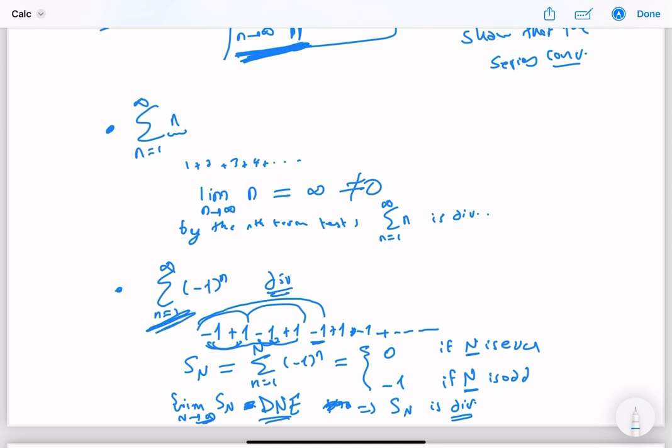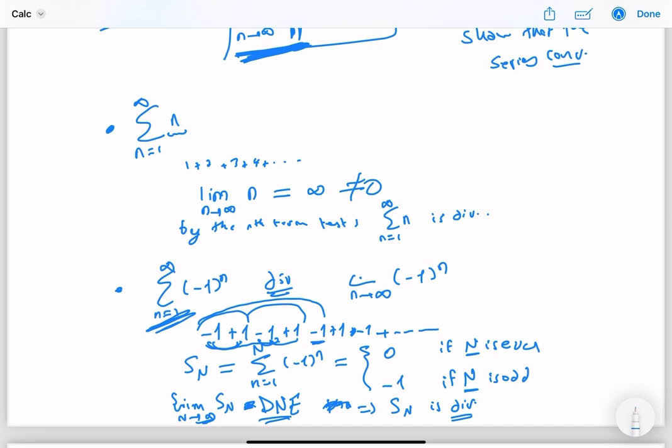So why is this series divergent by the nth term test? Well, minus 1 to the n is the summand. If it doesn't go to 0, then the series cannot be convergent by the nth term test. So if you look at the limit of this as n tends to infinity, for sure this cannot be 0.